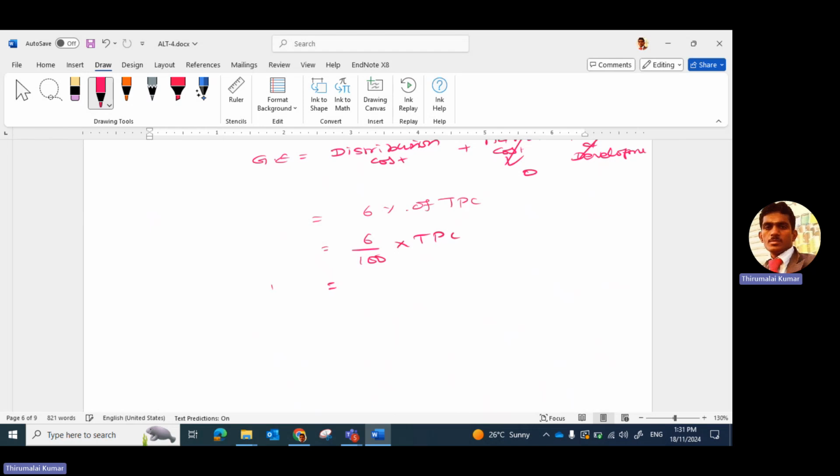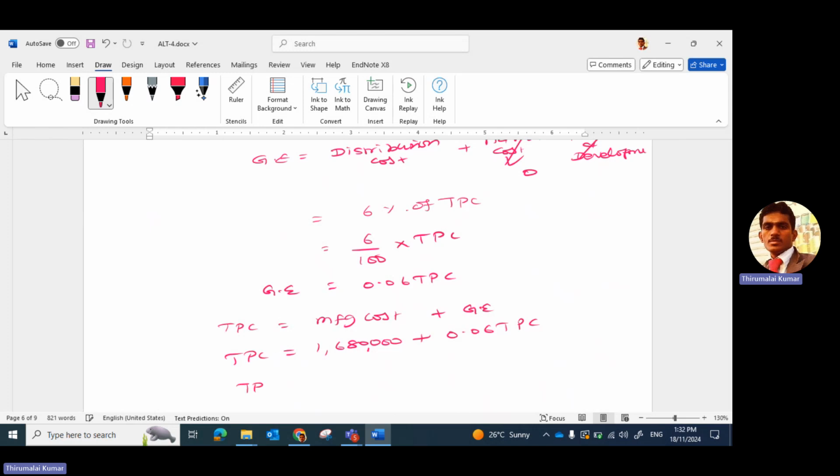So general expenses is 0.06 TPC. Total product cost is equal to manufacturing cost, $1,680,000, plus general expenses, 0.06 TPC.